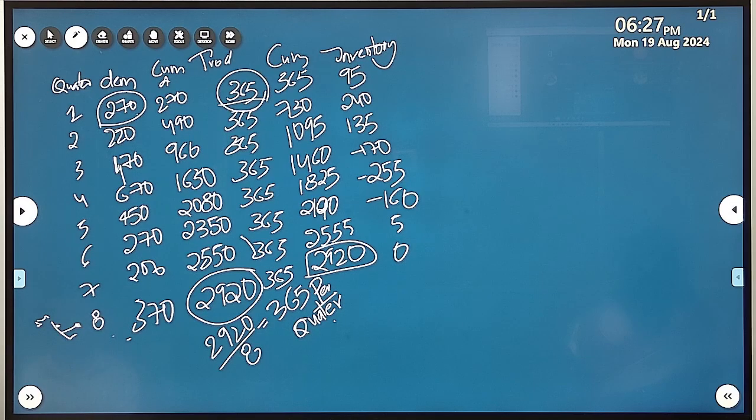How much is it? 255. So we need to adjust this 255. Adjusted inventory with 255 at the beginning of period 1. So in the first period we need to take what? They are distributing this, okay.